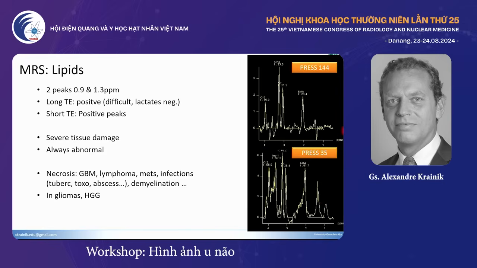The problem at long TE is when it's associated with lactate, because lactate has a negative peak at 1.3, it can be difficult to identify the peak of lipids at long TE. Then look for lipids at short TE.